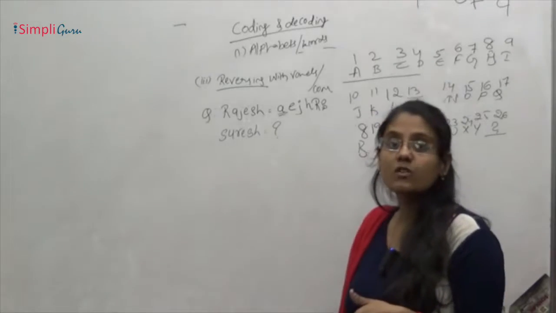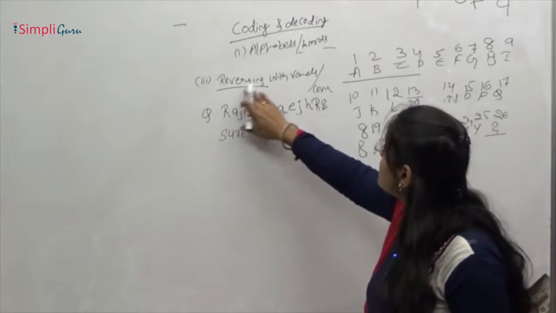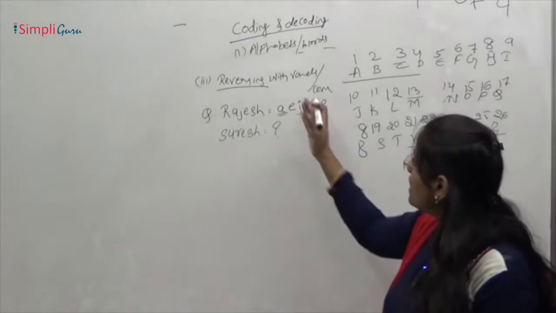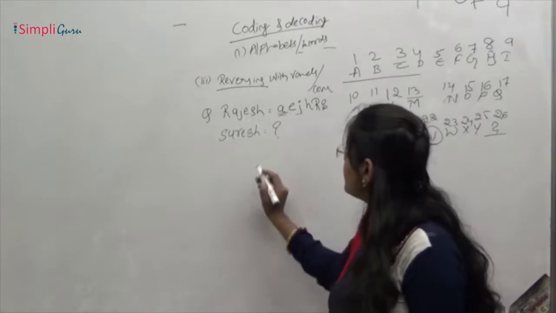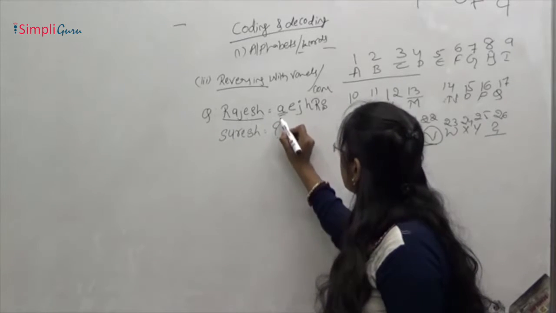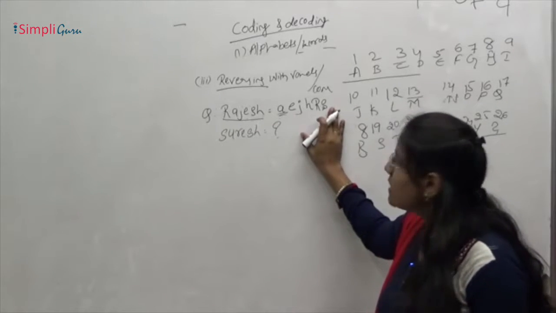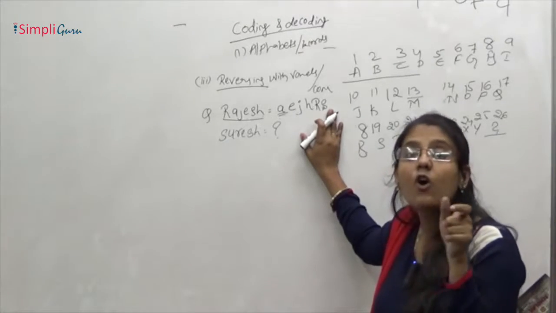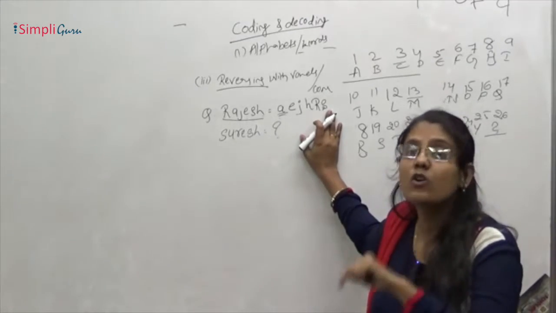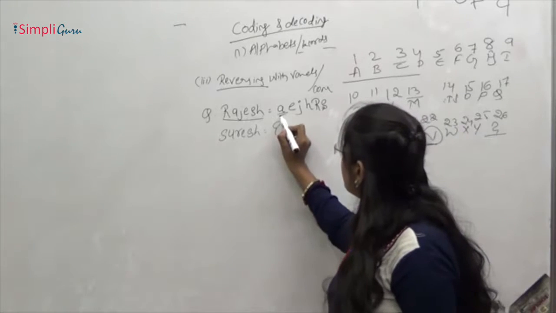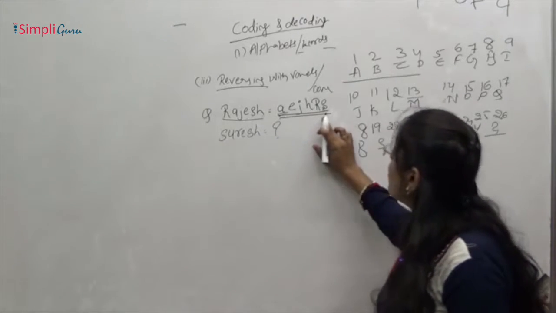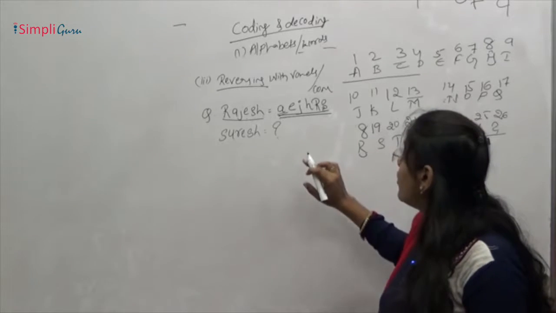How are they framing such questions? They are reversing with vowels or consonants. What is the meaning? By reading the heading only we will come to know how they are framing it. They are writing the hint or trick in accordance with the ordering of the vowels and the consonants, that is, in terms of the ordering of the alphabet.